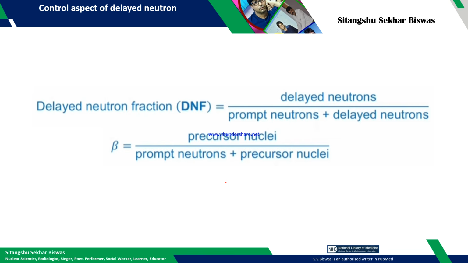I told you in the last lecture, if you remember, that if only prompt neutrons exist in a nuclear reactor, then the control will be much more difficult, because prompt neutrons are released within a nanosecond or picosecond range just after the fission occurs.